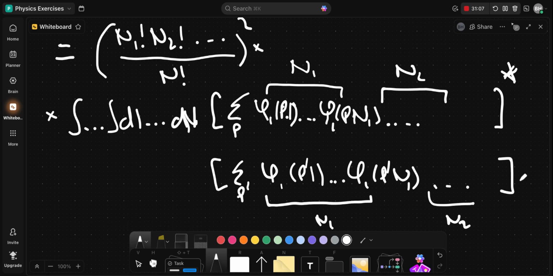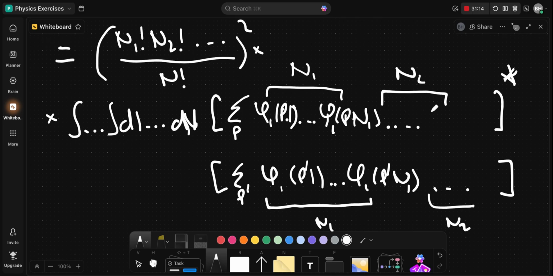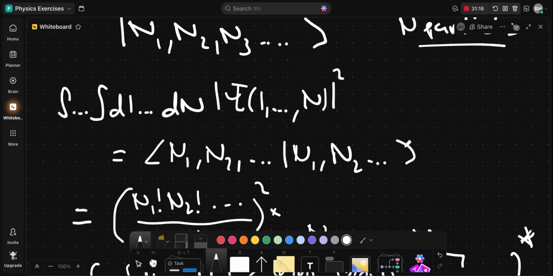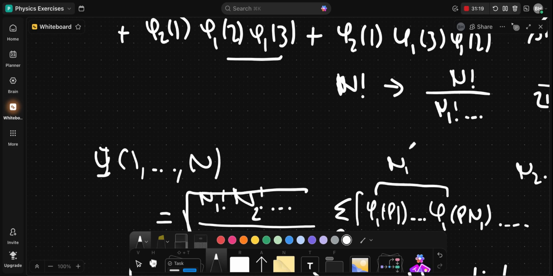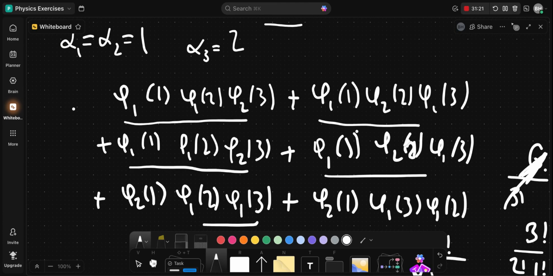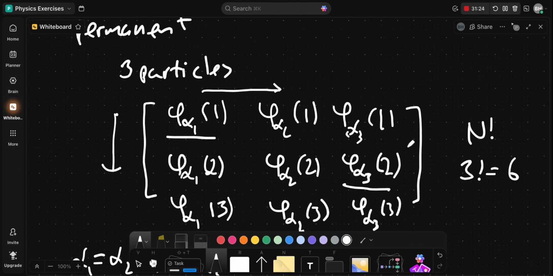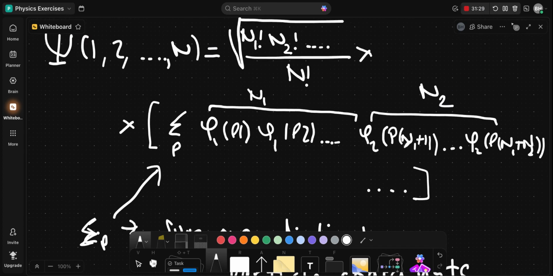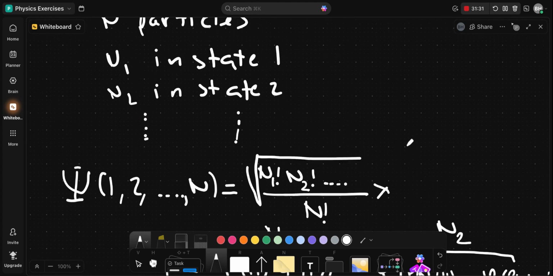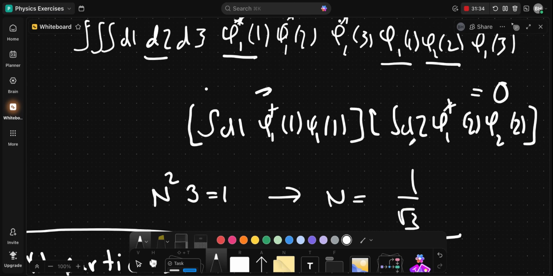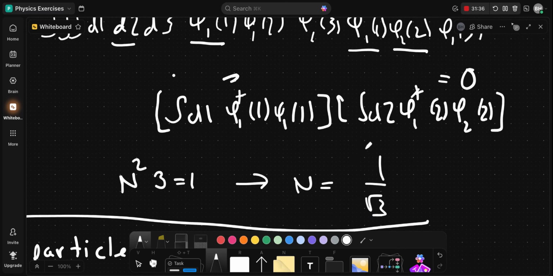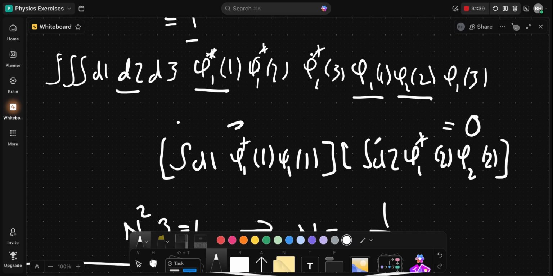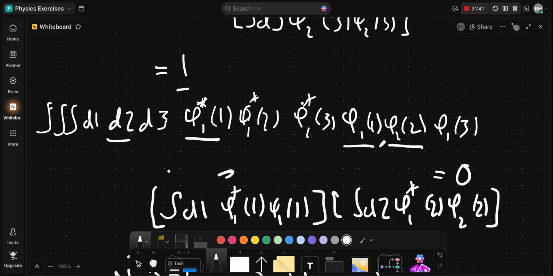Okay, and now we have already seen that since this is a sum over distinct permutations, let's recall what happened in the three-particle problem. If we go back to the three-particle example, when we did the normalization, we took distinct permutations, and we saw what happens if the permutations are like permutations.